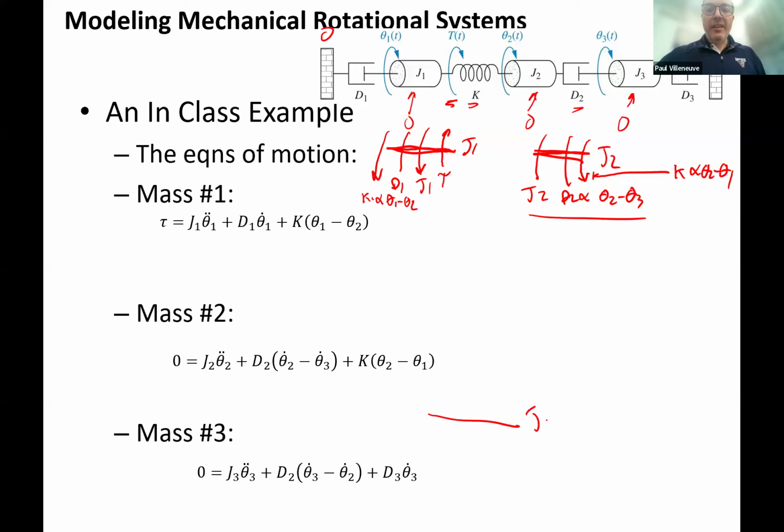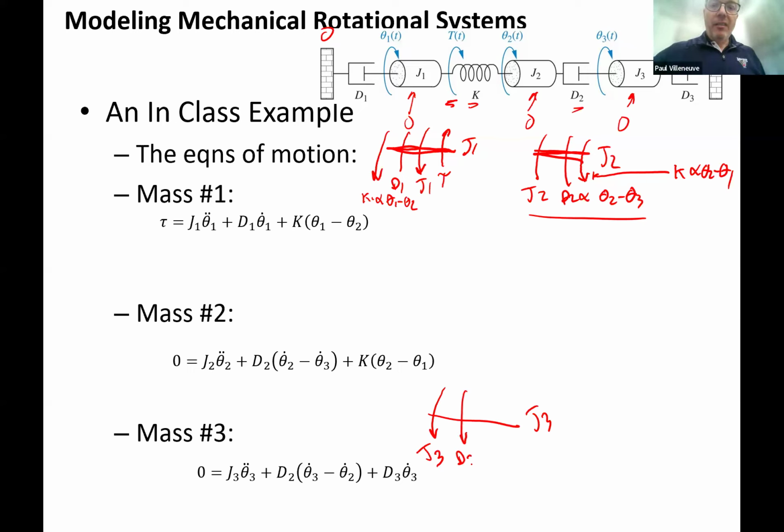And then the last one, here's my J3, no applied torque. So we know J3 is always relative to that position. D2 is between theta 2 and theta 3. And again, if theta 3 is moving faster, it's going to try to oppose that torque.